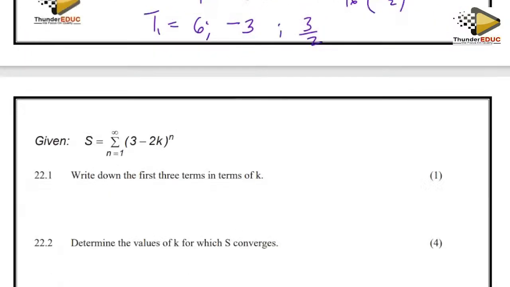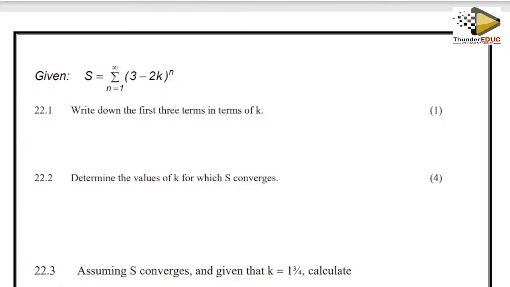Then next question, they're telling us we are given the sigma notation from n=1 up to infinity, and it gives us this expression inside. Write down the first three terms in terms of k, which means our terms must have k with them.